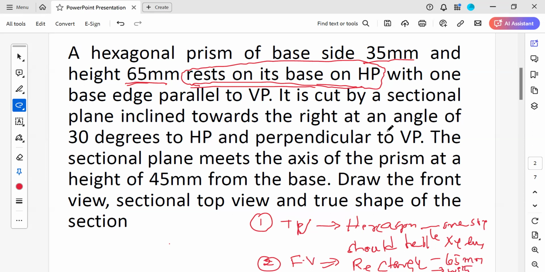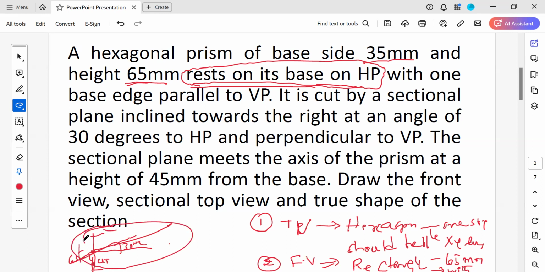Next, it is cut by a sectional plane. The sectional plane is inclined towards the right, making an angle of 30 degrees with the HP, at a height of 45 mm out of the total 65 mm.